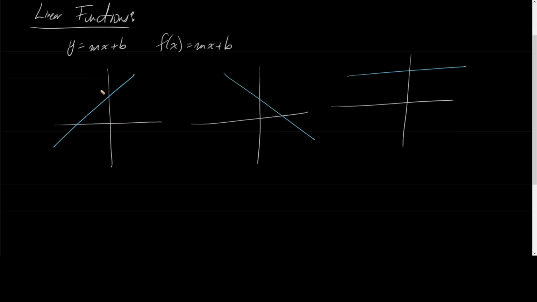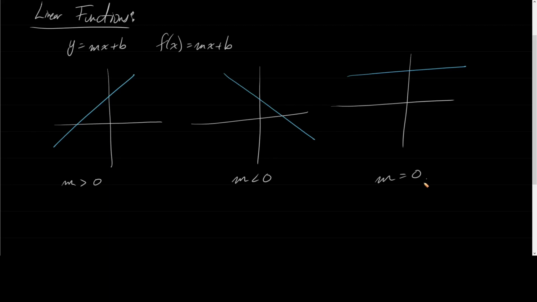Technically for a line, you can have a vertical line, where the slope is undefined, but that would not be a function. In this first scenario, m is positive. M, recall, is the slope of the line. So the slope here is positive. In the second scenario, the slope is negative, and in this last scenario, the slope is equal to 0.